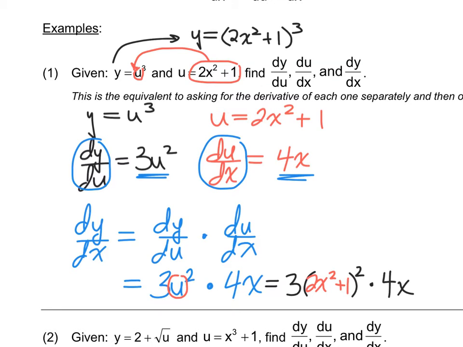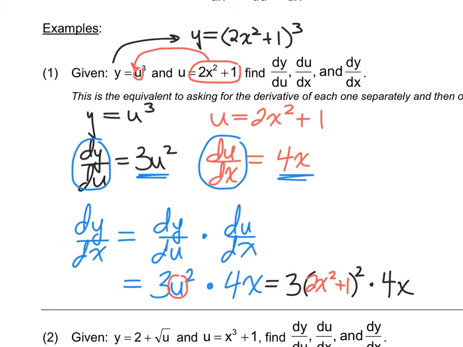Just by replacing the u with what it truly is in terms of x. What I just got from this is the derivative of this function. If I were to take the derivative of y equals 2x squared plus 1 cubed, I would get this as a result.